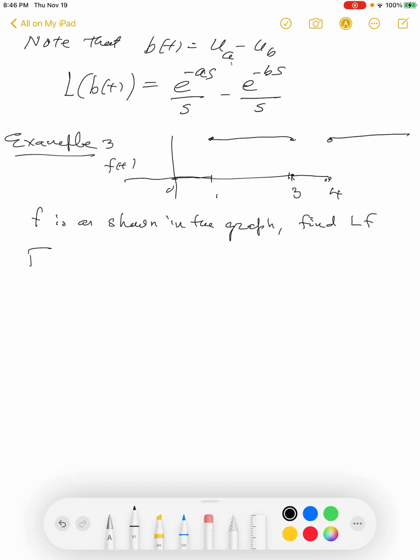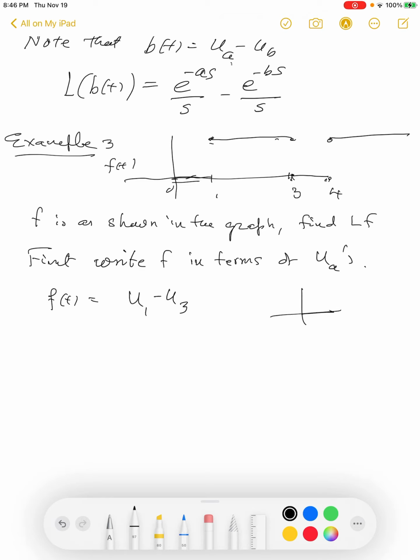So first write f in terms of u sub a's. So you will see that the bump between 1 and 3 will amount to the function u1 minus u3. That will give you a bump which is 1 between 1 and 3 and 0 everywhere else.